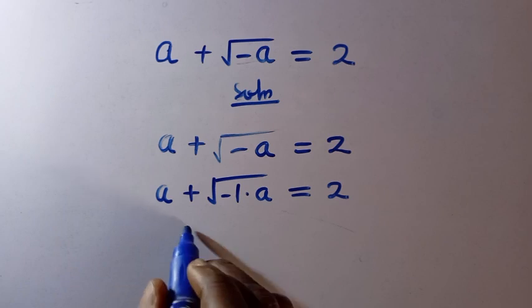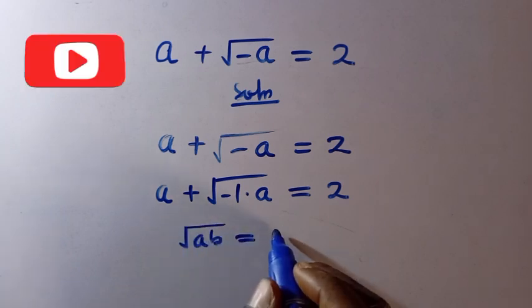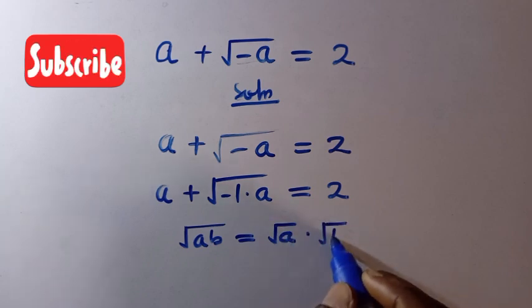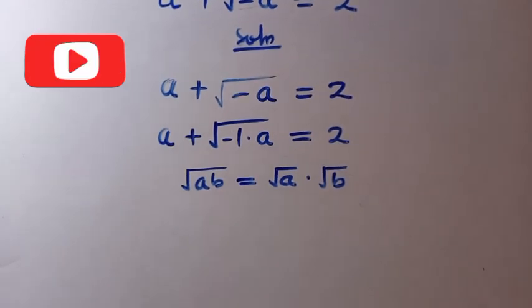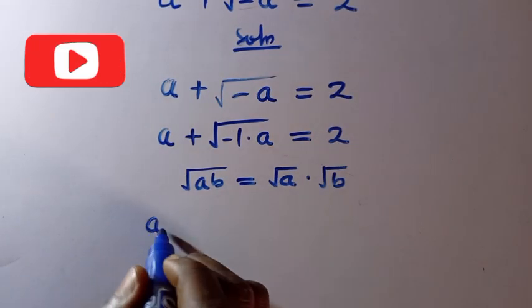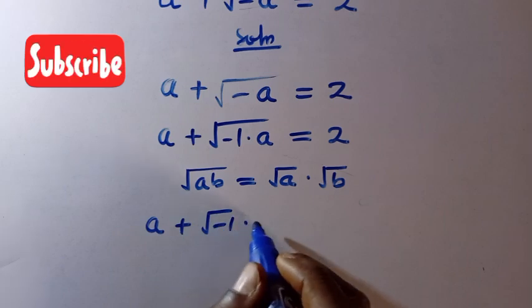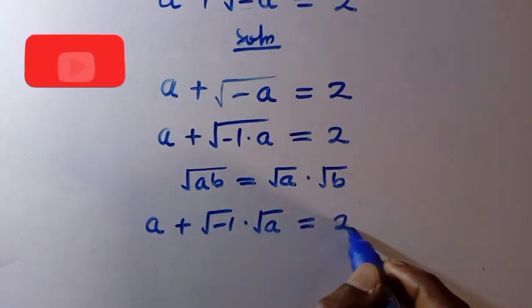Suppose we have square root of a multiplied by b, this equals square root of a multiplied by square root of b. And by applying it here, consider this as a plus square root of minus 1 multiplied by square root of a equals 2.